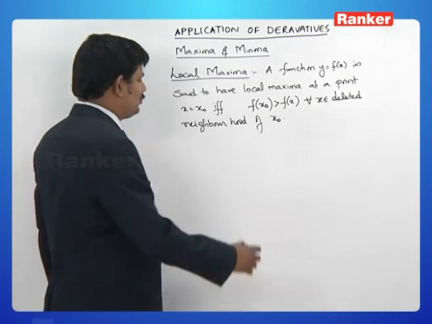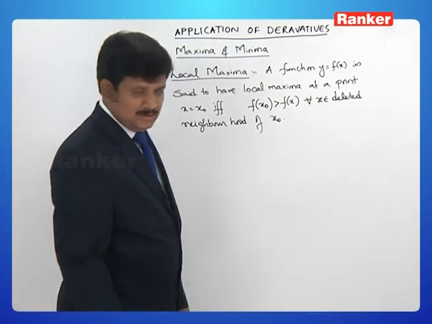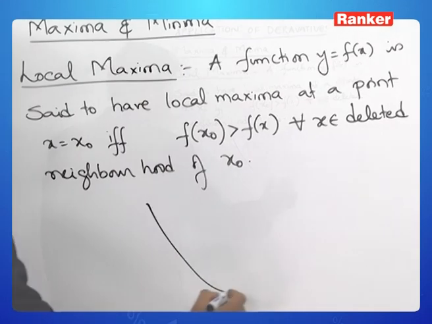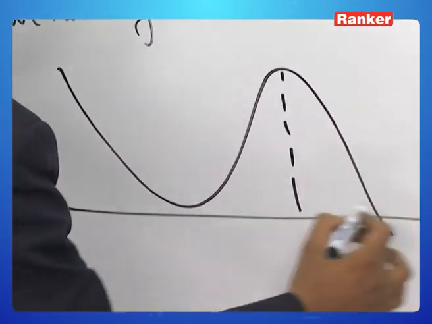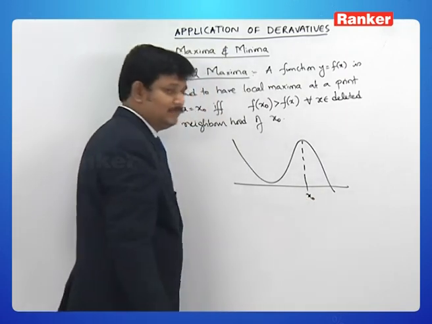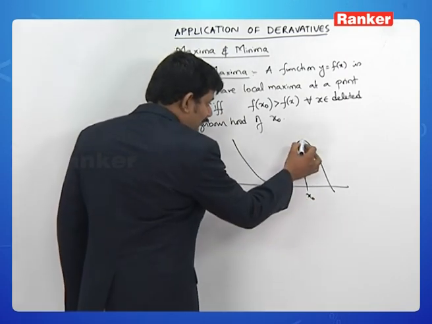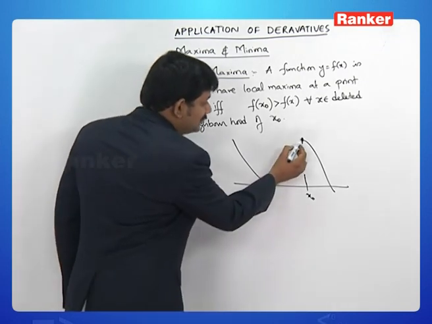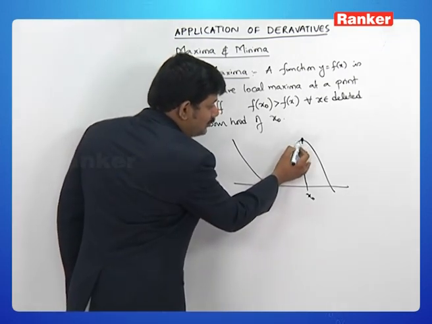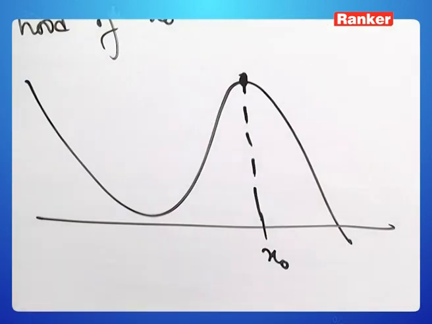In just the close vicinity of x naught, just around the neighborhood of x naught, let us say this is the point x naught, we can see f of x naught, the y coordinate at this point, is more than the y coordinates at the surrounding points.